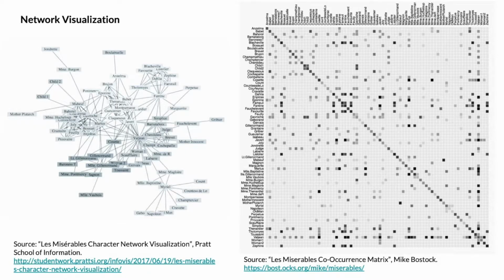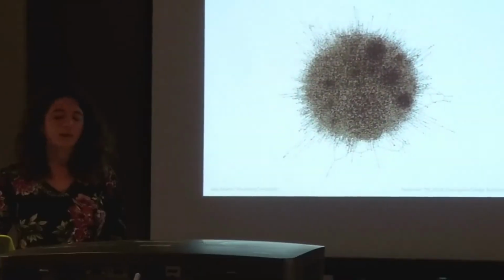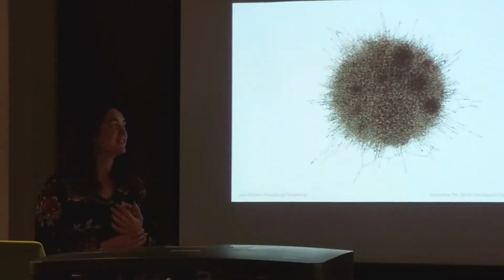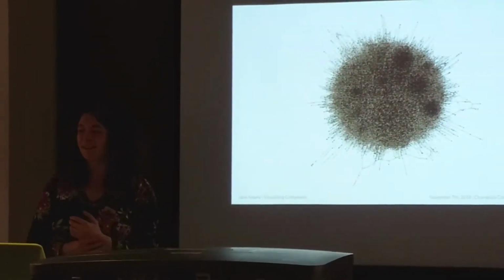So the dark points on the map are when 2 characters are in the same scene together. This is just another way of visually representing the same network in a more organized fashion. When we're looking at really large data sets, creating a network visualization can be really frustrating.